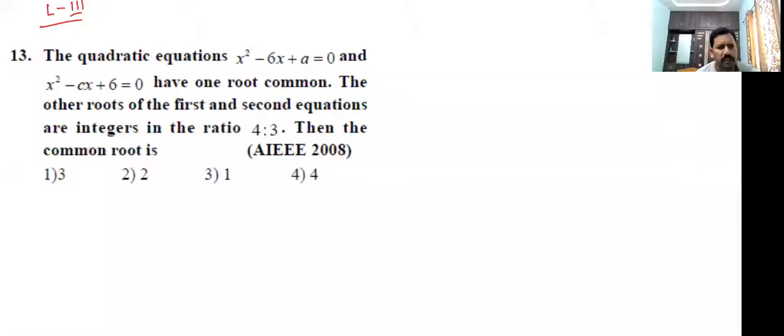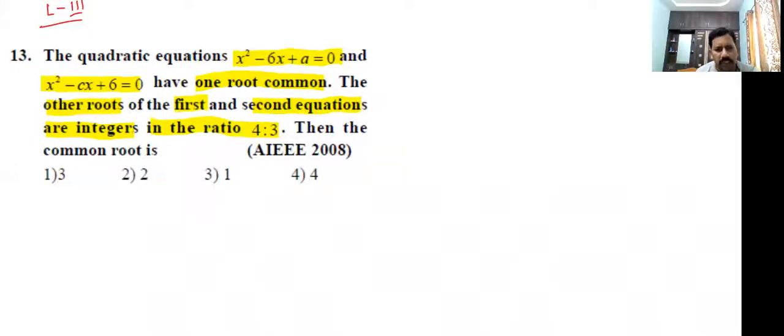Next question. This is a level 3 problem. See here, both the quadratic equations, x square minus 6x plus a is equal to 0 and x square minus 6x plus 6 is equal to 0, have one root common. The other roots of the first and second equations are integers in the ratio 4:3.